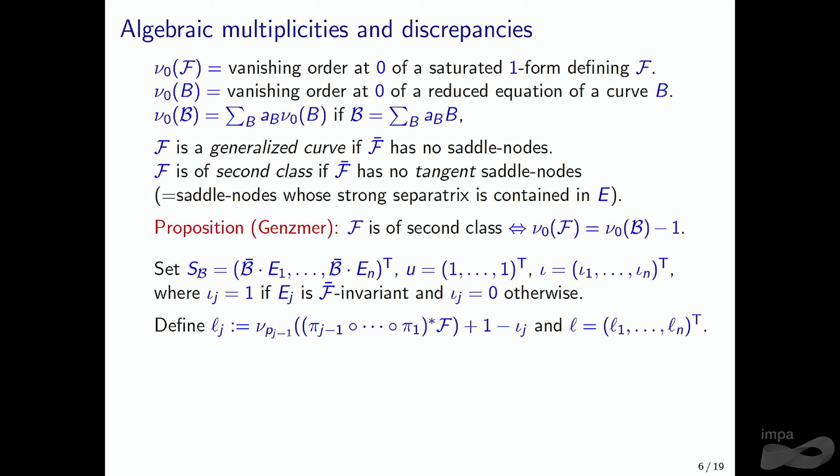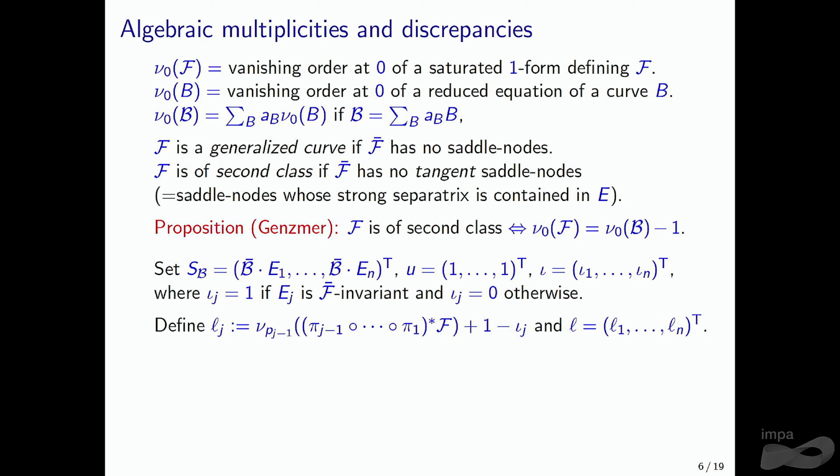We introduce this vector u of ones that we'll use in the sequel, and a vector iota that has a 1 at the position j when ej is invariant and 0 otherwise. So this controls that there are ones in the invariant components and zeros in the dicritical components.